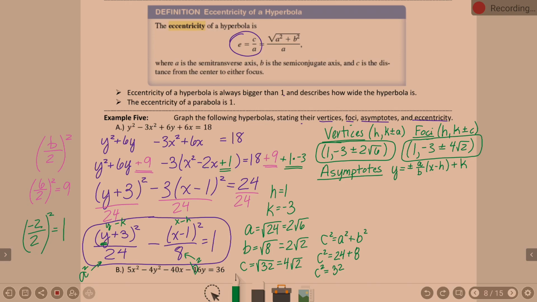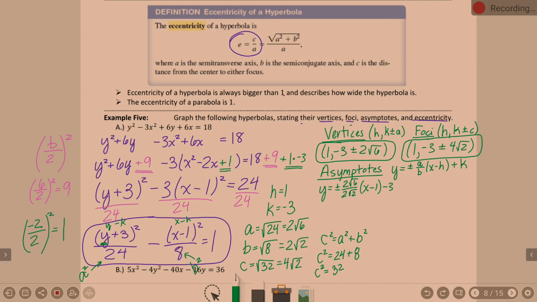I don't even know if I wrote it out, I didn't necessarily even write it out. So if we say plus or minus, if I do A over B in the simplified, it's 2 square root of 6 divided by 2 square root of 2 times X minus 1 and then minus 3. I'm not going to leave it like that, though. What about this A over B?